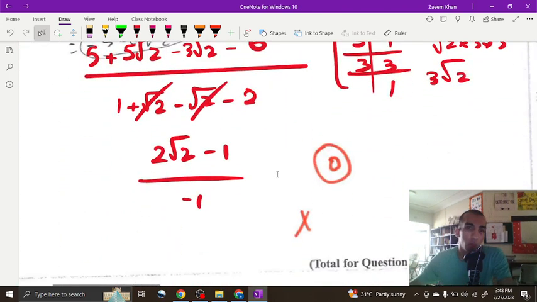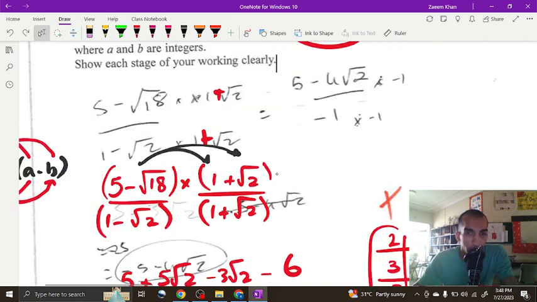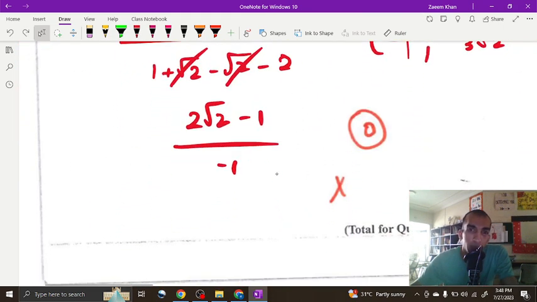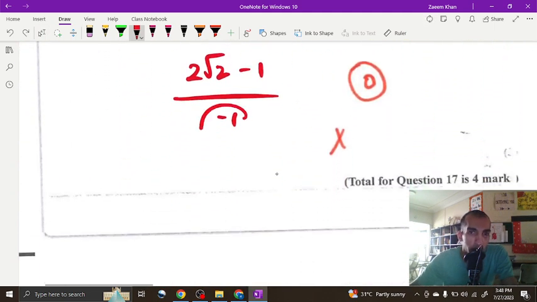What if I were to tell you that if somehow we can get rid of this negative 1 in the denominator, we'll be just left with the number 1, and anything over the number 1 is the number itself. How can I get rid of this negative 1?